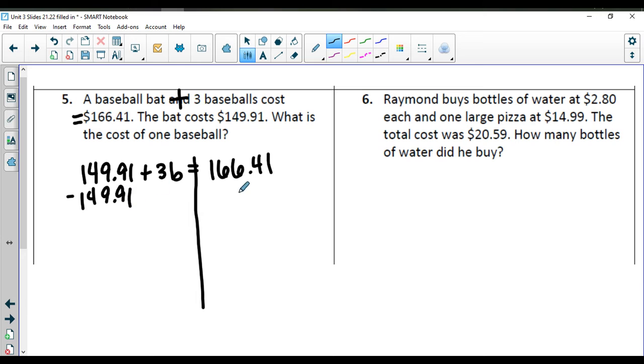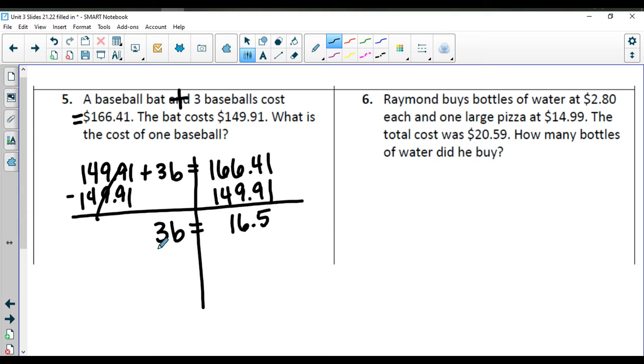Subtract the $149.91 from both sides, and I'm going to use my calculator. $166.41 minus $149.91. That's going to give me 16.5, and that's going to equal 3B. So I'm going to divide by 3 on both sides, and 16.5 divided by 3, I get 5.5, but I am talking about money here, so I'm going to put a dollar sign on this and put a 0 at the end so it looks like money. So it's going to be $5.50 per baseball.